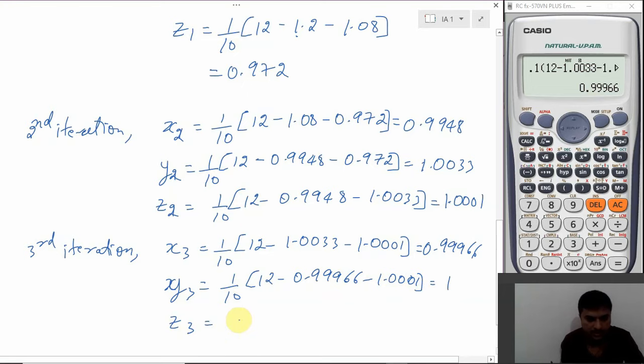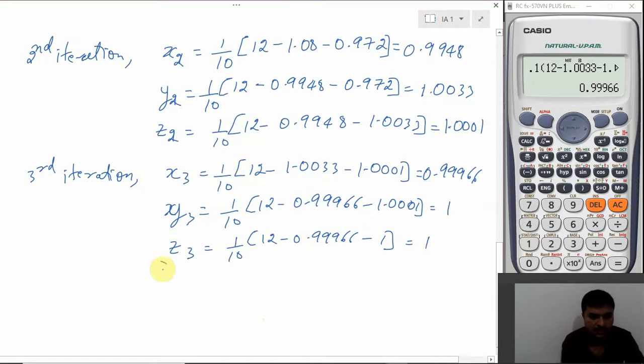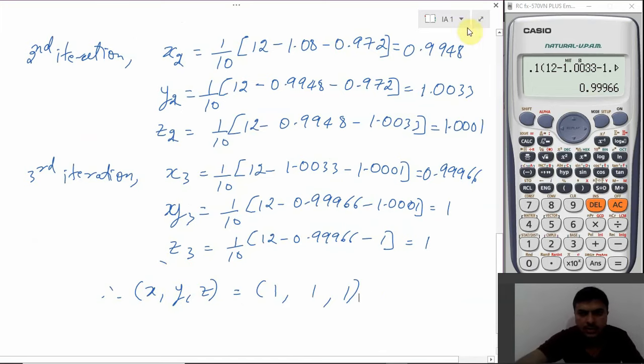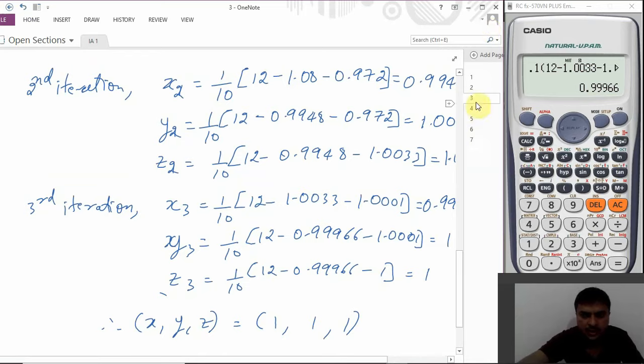Z3 also you calculate, substitute the values. 1 divided by 10, this is previous values, 12 minus 0.99966 minus 1. You are going to get 1 only. So ultimately the x, y and z values, therefore the answer is x, y and z values are 1, 1, 1. That's it, students. Easily how to simplify this, calculate in the calculator quickly.